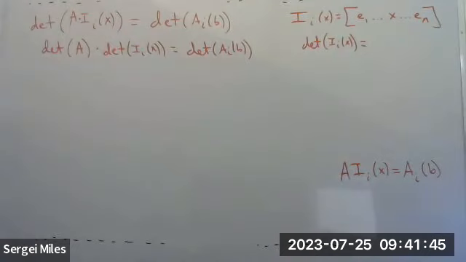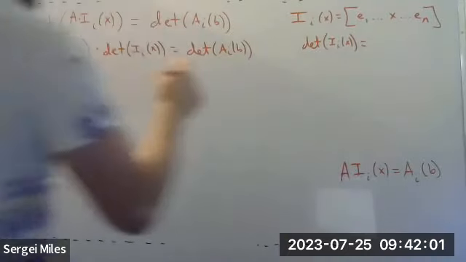Well, we know this is going to be a, well, it can be turned into a triangular matrix, right? How can that happen? Well, think of it this way.